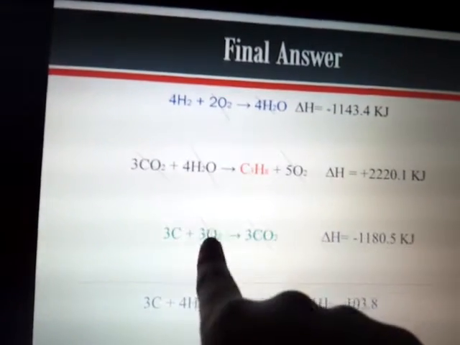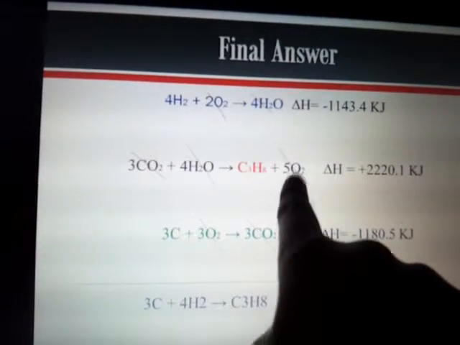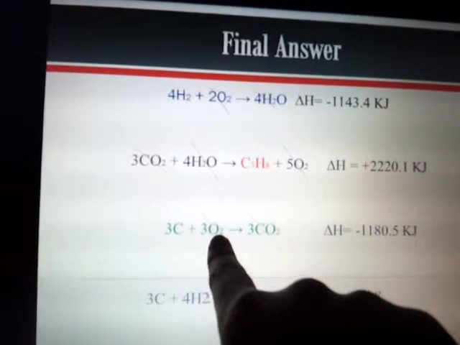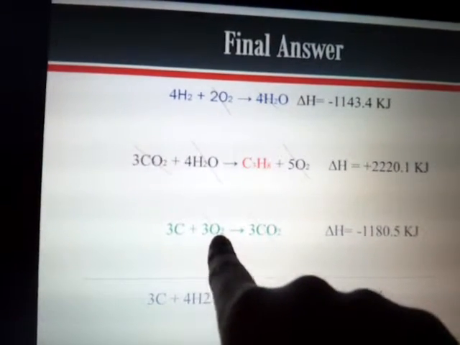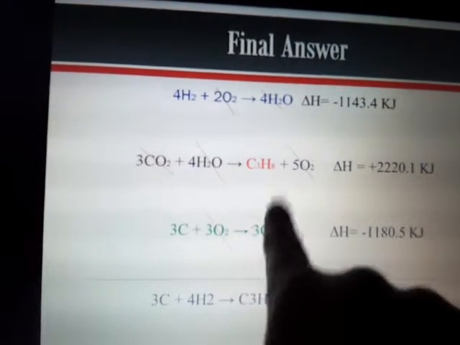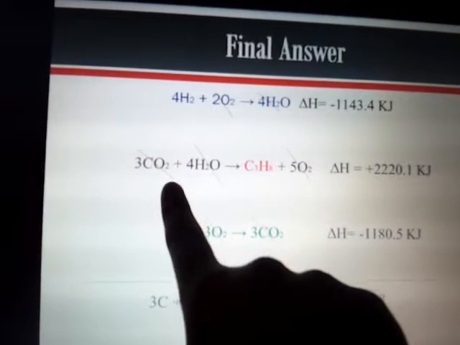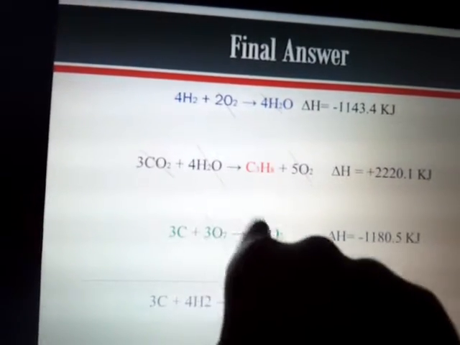It gives you 5. And then on the right side, you see there's 5 O2, so you can cancel all of these oxygens. And then finally, you have carbon dioxide. There's 3 carbon dioxides on the right side, and there's 3 carbon dioxides on the left, so those cancel out.